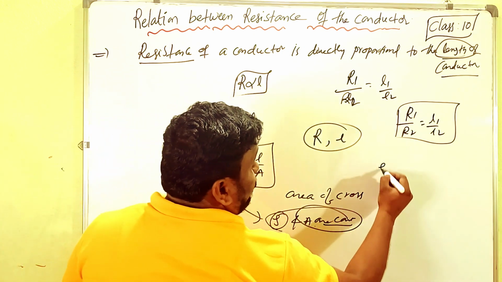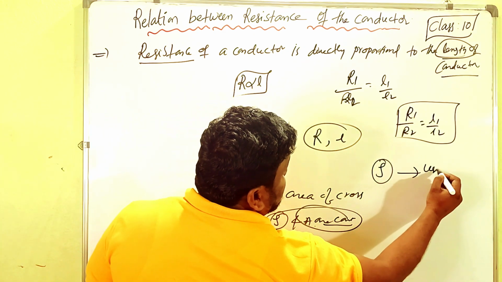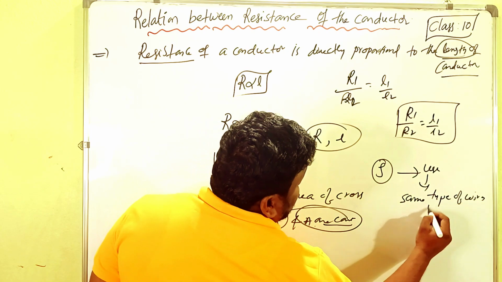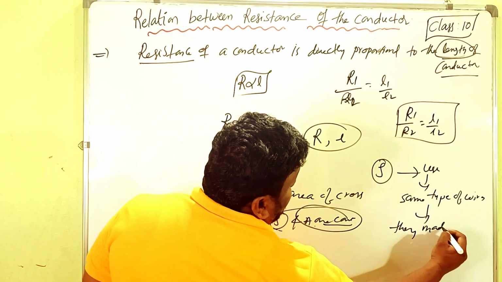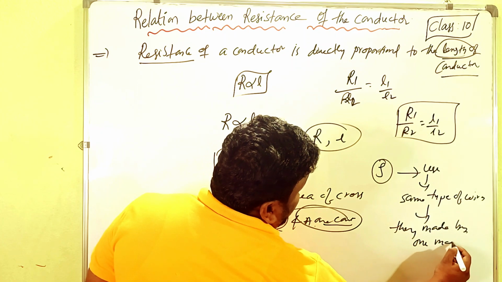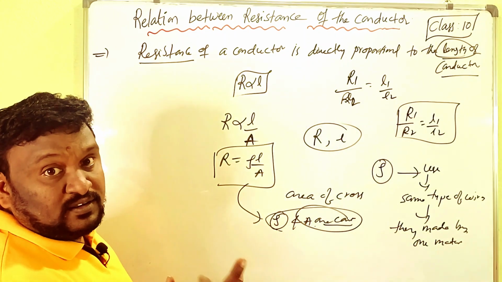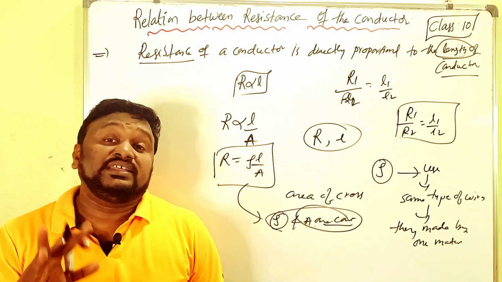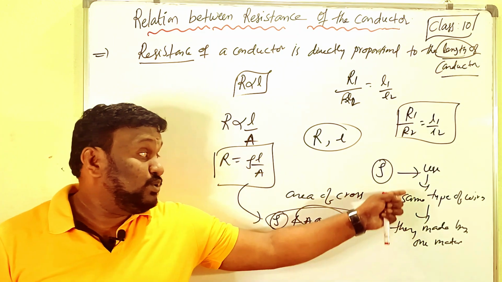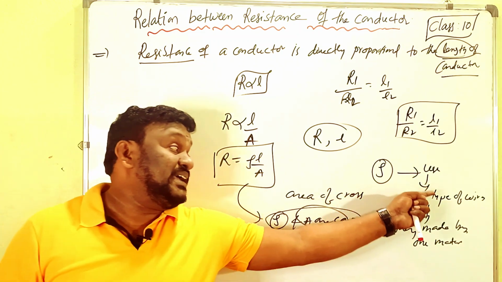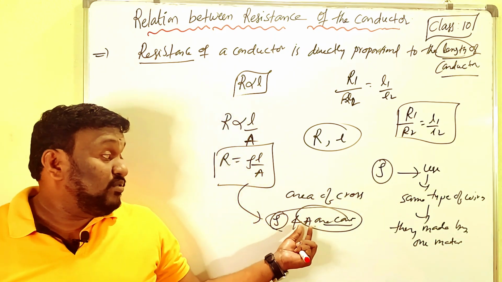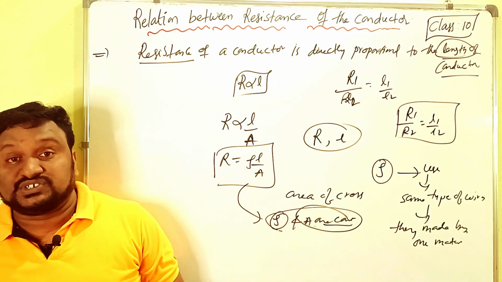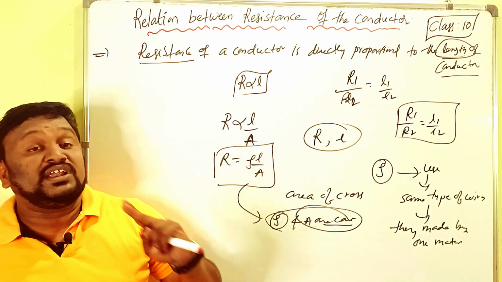To maintain rho constant, we have to use the same type of wires, made of one material. That means if you take a copper wire, the next wire also belongs to copper. When we use the same type of material, the resistivity is the same. And when we use different lengths, the area of cross section should be maintained constant. So you have to maintain two things.